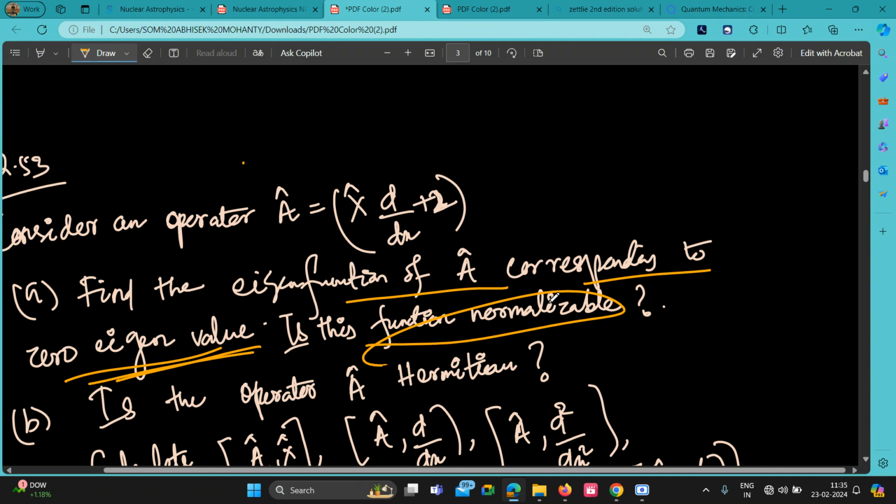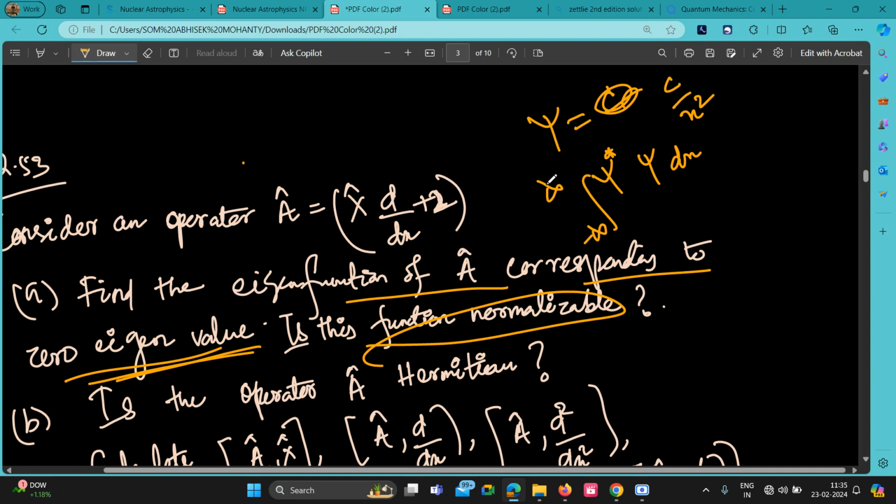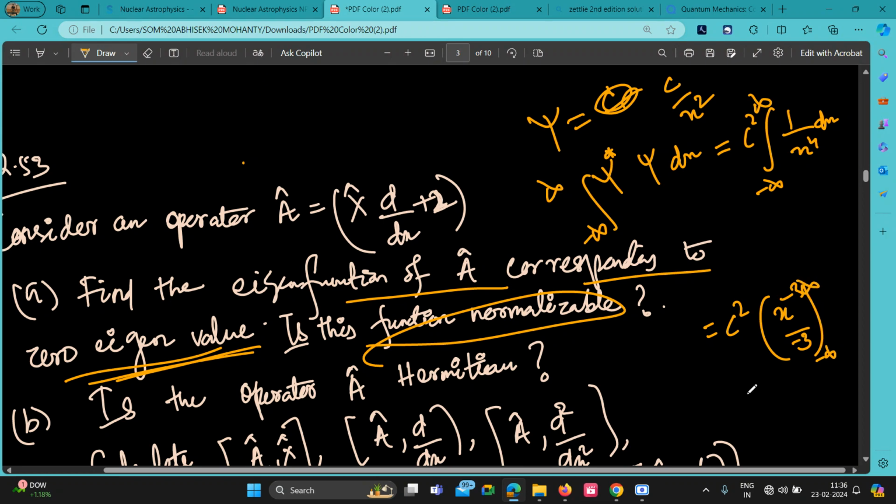Next question: is this function normalizable? What we got is psi equal to c by x squared. Is this normalizable? Let's see whether the integral of psi star psi dx from minus infinity to infinity comes out as 1 or not. This will be c squared times the integral of 1 by x to the fourth dx, which is x to the power minus 3 by minus 3.